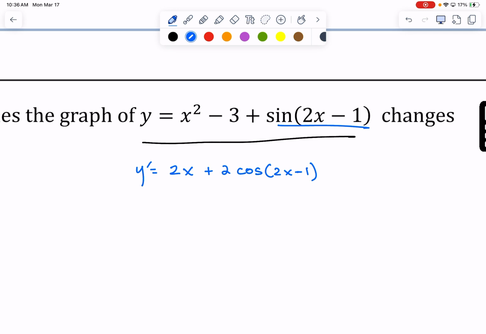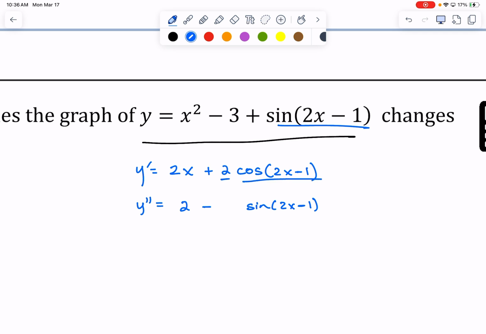Okay, Jaden, what about the second derivative of that? What would the derivative of the derivative be? 2 minus sine of 2x minus 1. Yep. And then you got to multiply it by what?